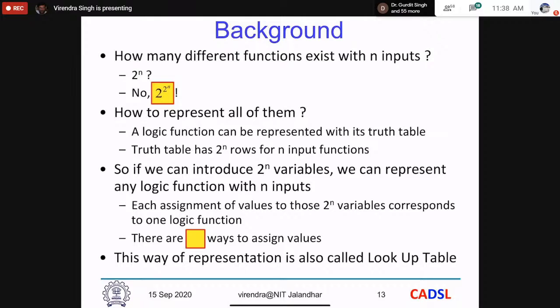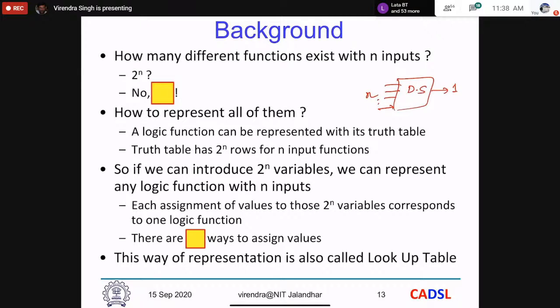If I represent a function with n input variables, how many different functions can we create out of it, with n inputs and one output? This is my digital system, a combinational logic.